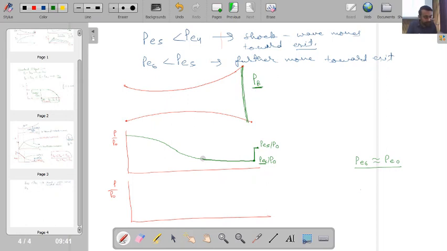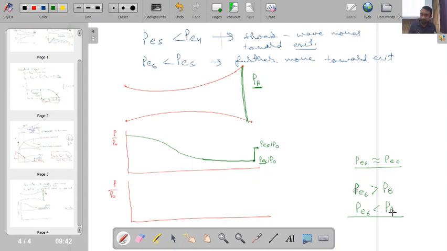So there can be two situations: one situation is that this pressure PE6, in one case it can be greater than back pressure PB, and in another case it can be less than back pressure PB.